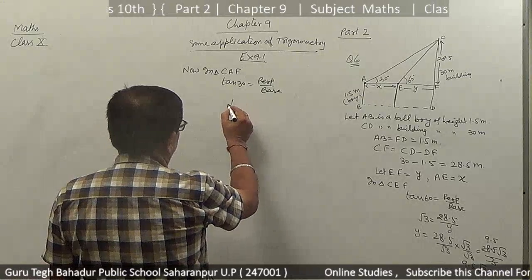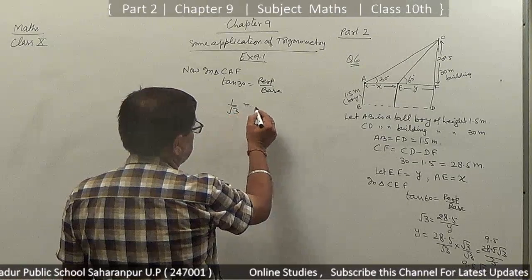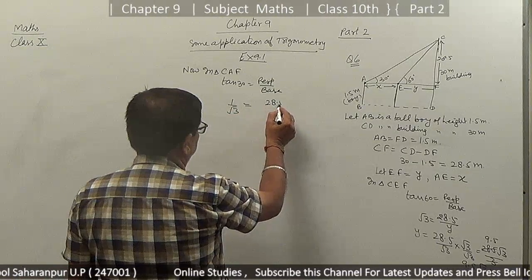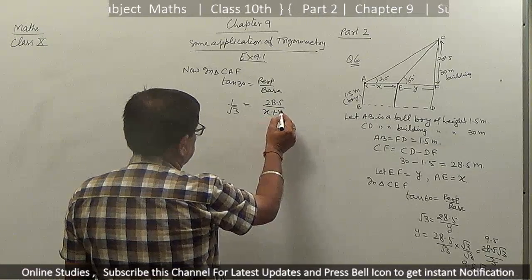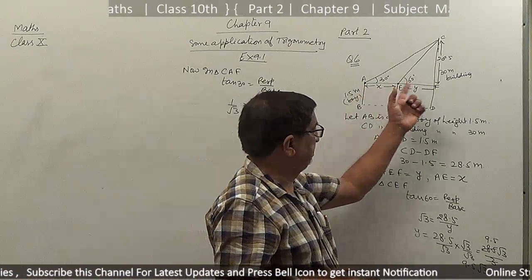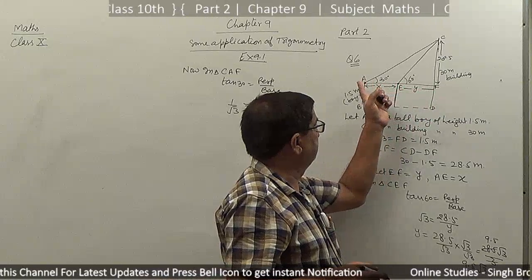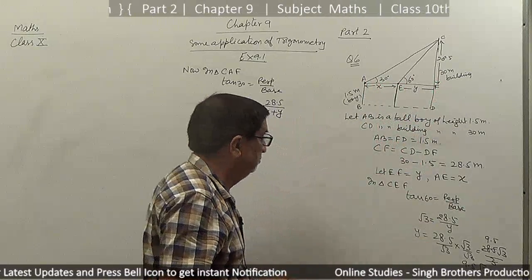So tan 30 is 1 upon root 3, perpendicular is 28.5 and base is x plus y. This is the total distance A to F.